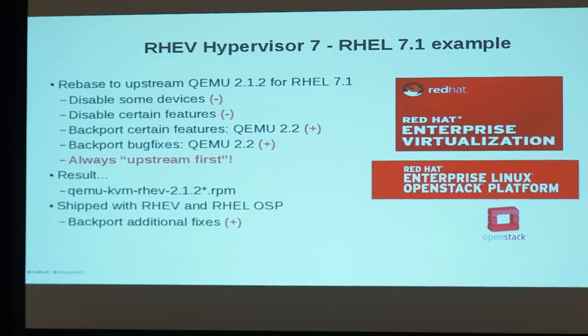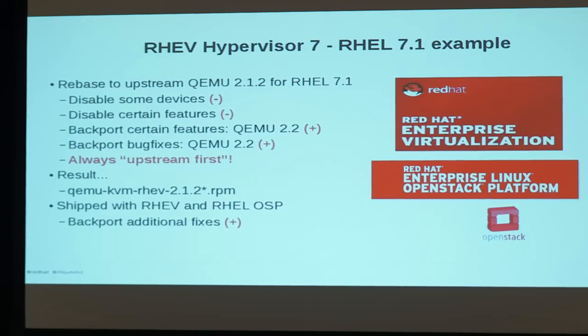We rebased QEMU to 2.1.2 for RHEL 7.1. And we don't just take it as is and ship it, okay? That's a misconception. But we use that base number in the package name.